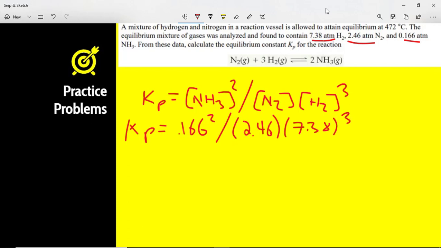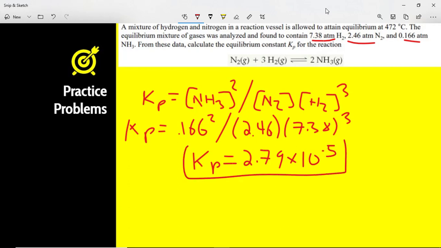And we just simply plug these into our calculator and solve. We get 2.79 times 10 to the negative fifth. Okay. There are no units on the equilibrium constants. Okay. So do keep that in mind, but pretty straightforward how to solve these.